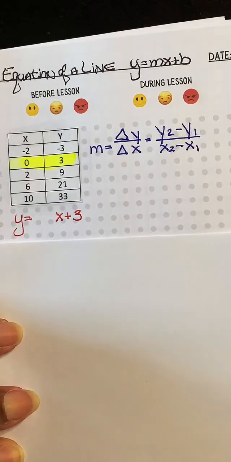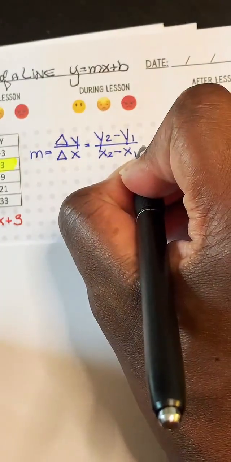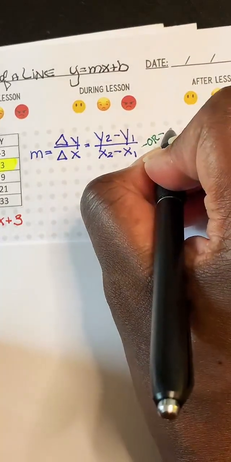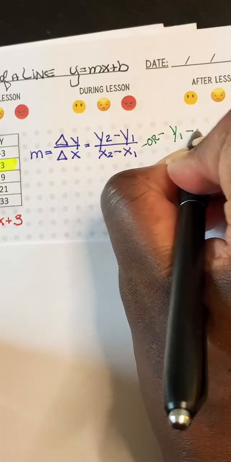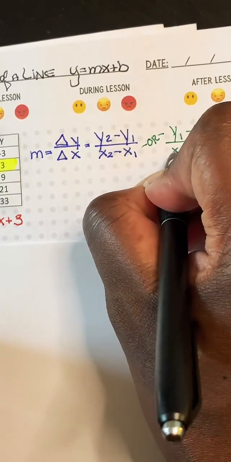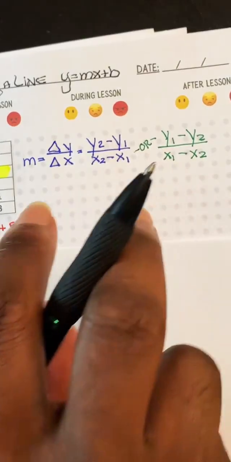But then I threw a wrench in it and said, yeah, that will work. Or you can say y sub 1 minus y sub 2 over x sub 1 minus x sub 2. You will get the same answer for slope. Okay, and I proved that.